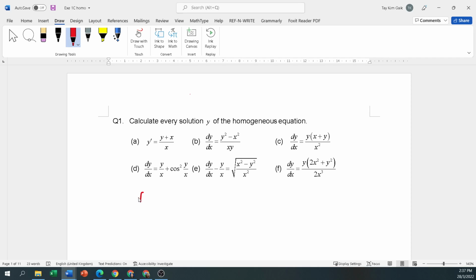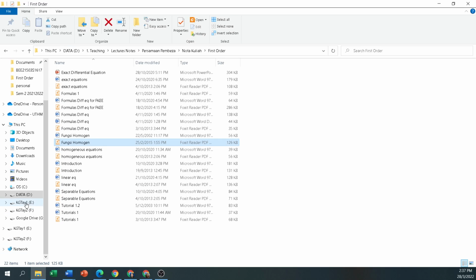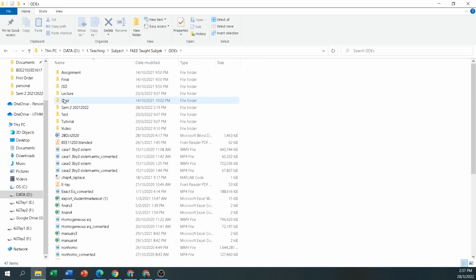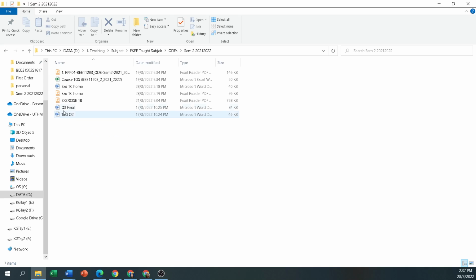Yeah, I think my word cannot write in the word. Hold on. Search back the PDF. Exercise 1C.